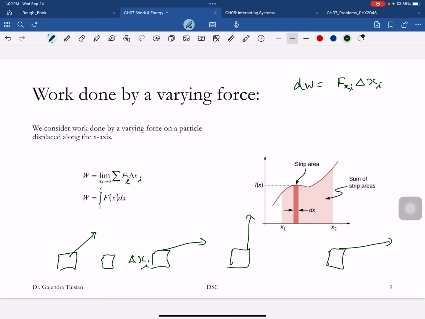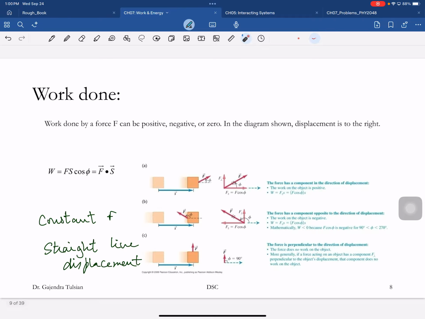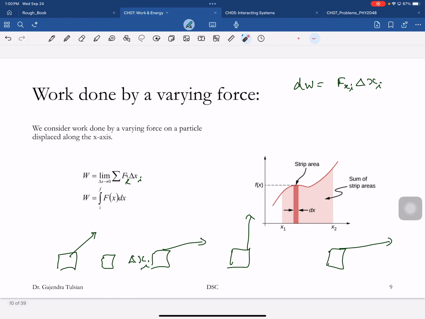All right, so what did we learn? We started off with the formula for a constant force along a straight line. Now we're still having the object move in a straight line, but we changed the force.